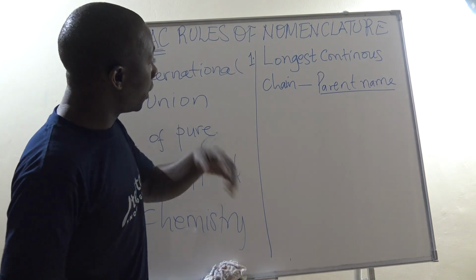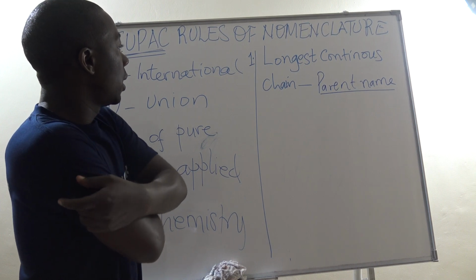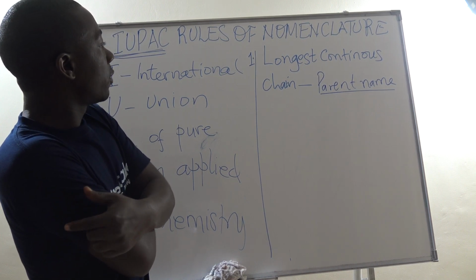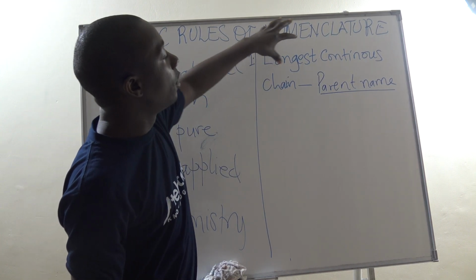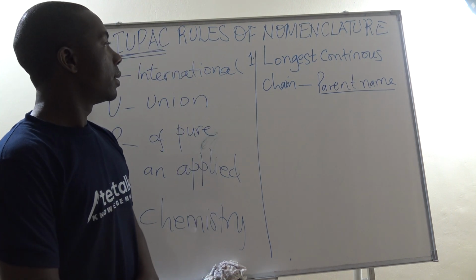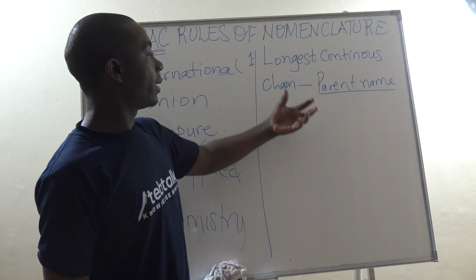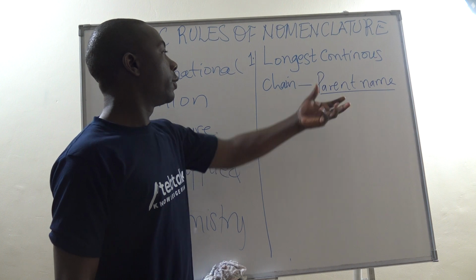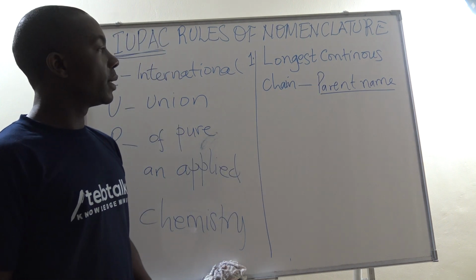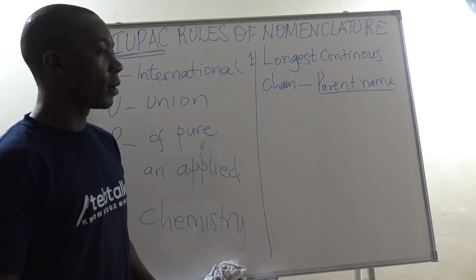We are saying that when we are naming an organic compound, we should make a real effort to identify the longest continuous chain. It is from the longest continuous chain that we derive the parent name of that organic compound.